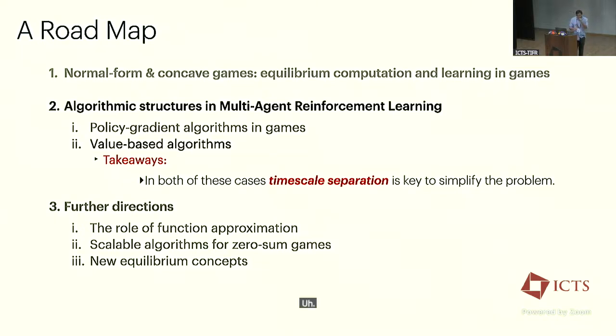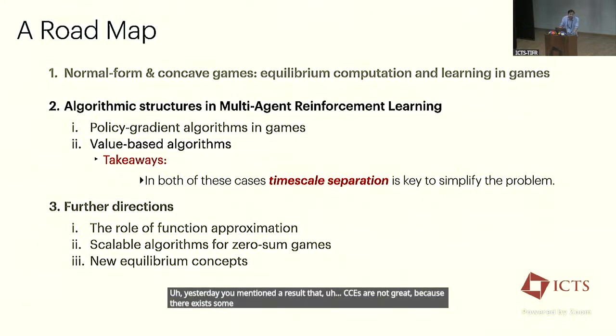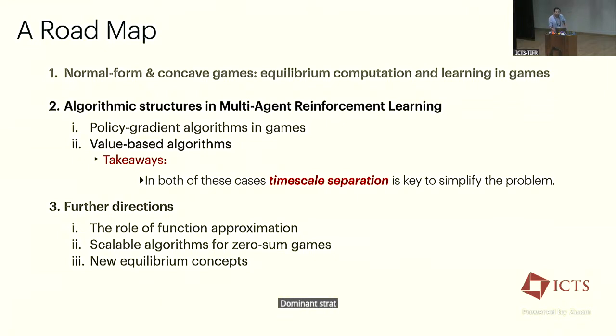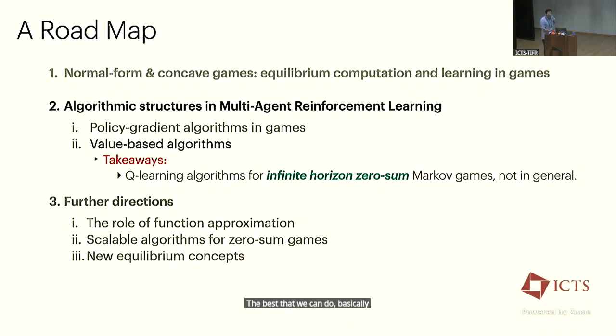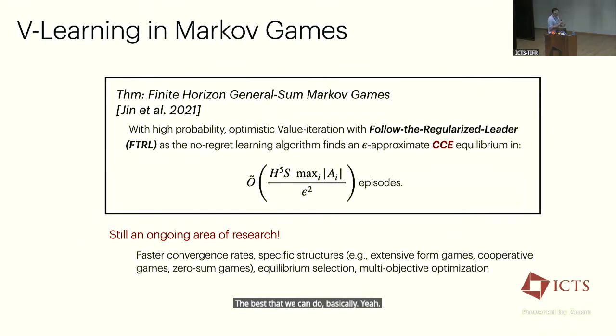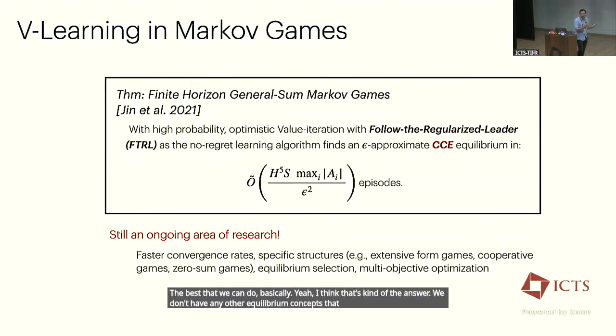Yesterday you mentioned a result that CCEs are not great because there exist some dominated strategies. Yeah, that's possible for CCE. So why is this still a desirable solution concept? It's the best that we can do, basically. Yeah, I think that's kind of the answer. We don't have any other equilibrium concepts that we could compute efficiently in these games in general.